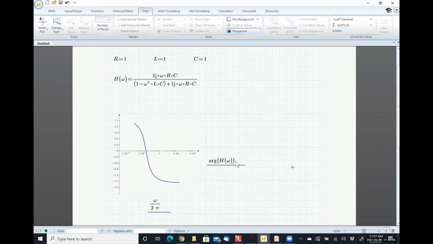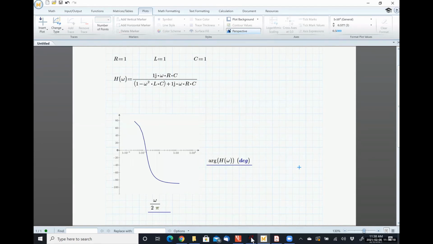To fix that, I just need to literally type DEG in for the units. So it's starting off at around 90. At the resonant frequency, the phase angle is 0, and then goes on and so forth.